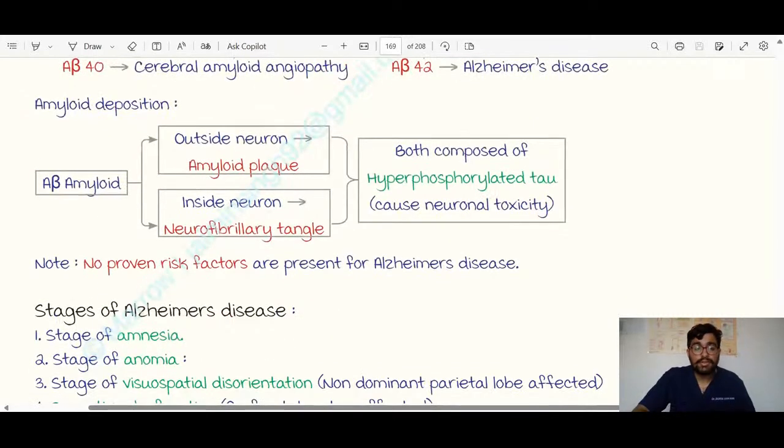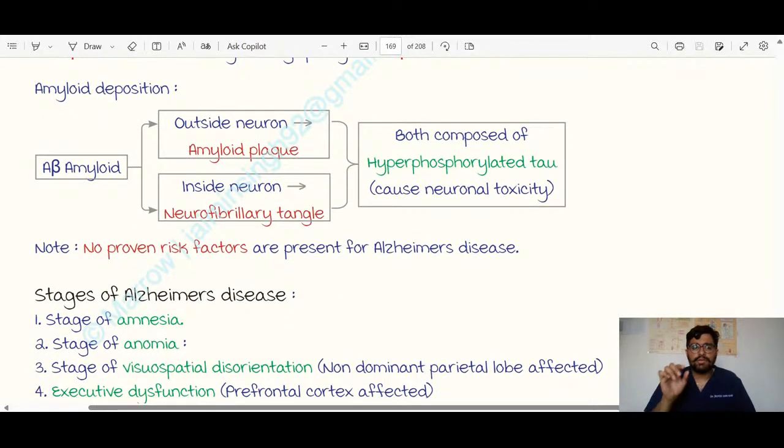So what is the amyloid deposition? A beta amyloid is deposited outside the neuron and inside the neuron. Outside the neuron there will be amyloid plaques; inside the neuron there will be neurofibrillary tangles. Both are composed of hyperphosphorylated tau, which causes neuronal toxicity, due to which tauopathy takes place.